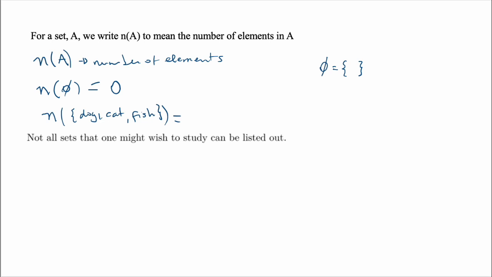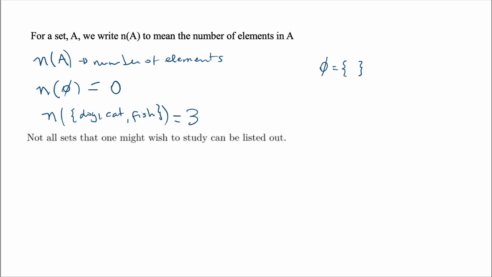So you have actually 3 elements in this set. Okay? So these ones are easy, right? The empty set is obviously 0 because by definition it has no elements, and the dog, cat, fish set is really easy because we can list it out.